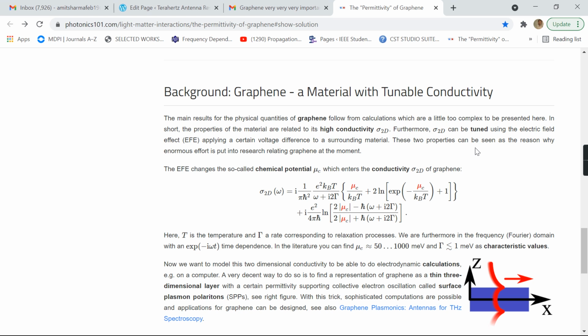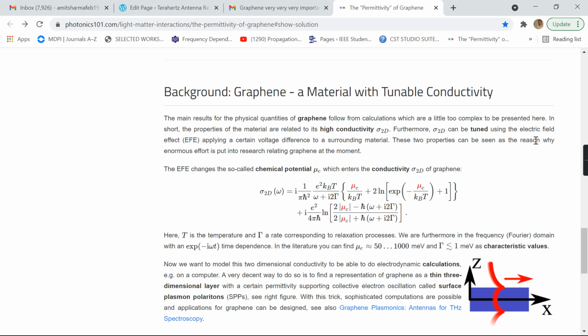These two properties can be seen as the reason why enormous effort is put into the research relating to graphene at the moment. So they are saying that the tunability of graphene is an important effect, which is making graphene more famous.